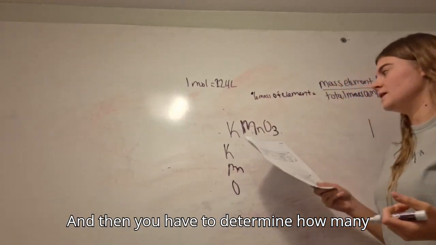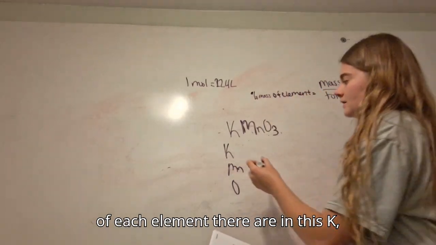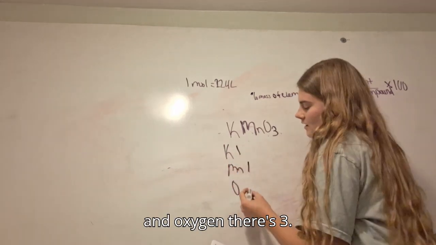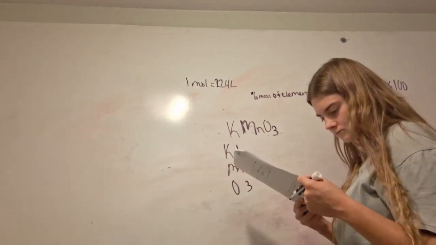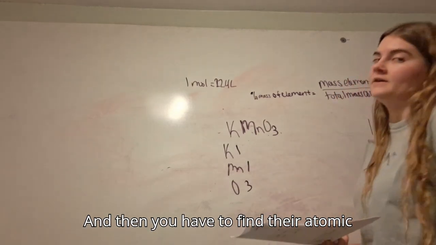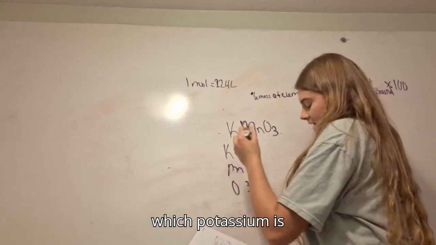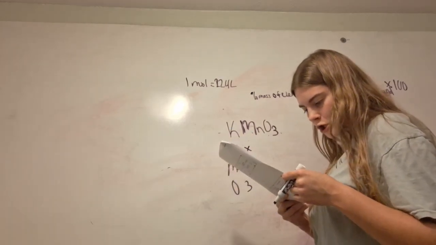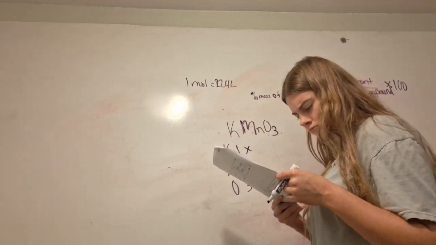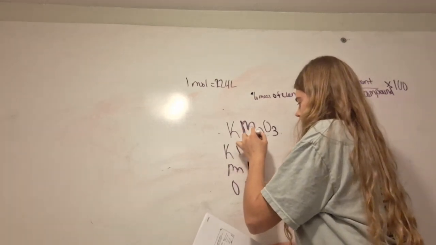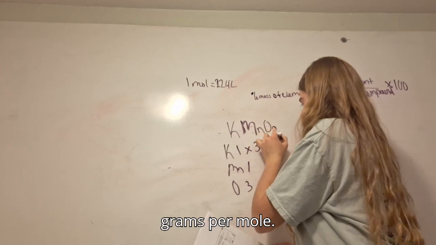And then you have to determine how many of each element there are in this. K, there's 1. And manganese, there's 1. And oxygen, there's 3. And then you have to find their atomic mass, which potassium is 39.1 grams per mole.